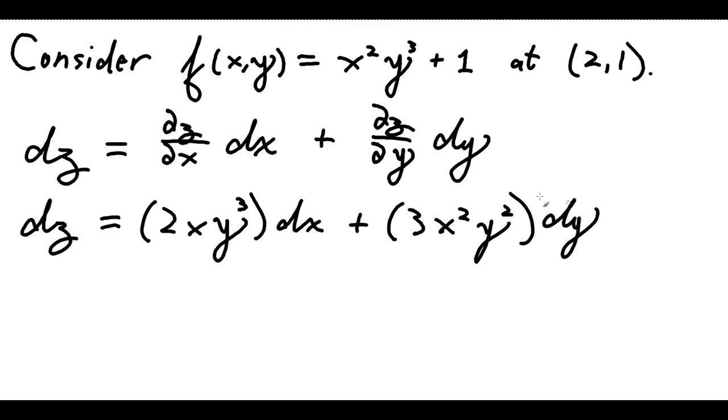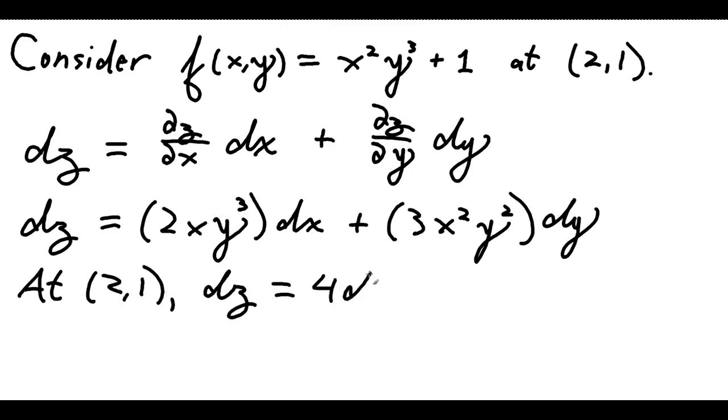So this expression would tell us what the differential dz is in terms of dx and dy at any xy point we choose. In particular, at the point 2, 1, plugging those in, we get 4 dx plus 12 dy.